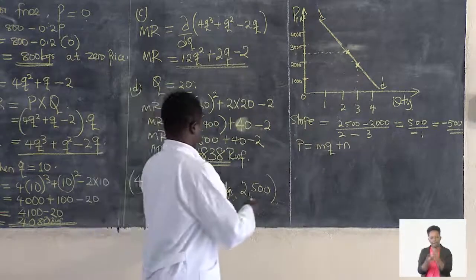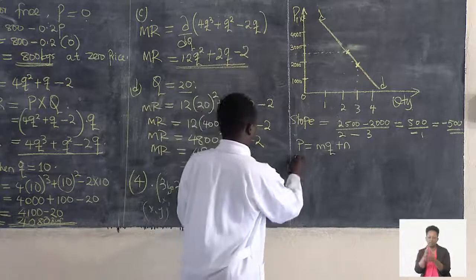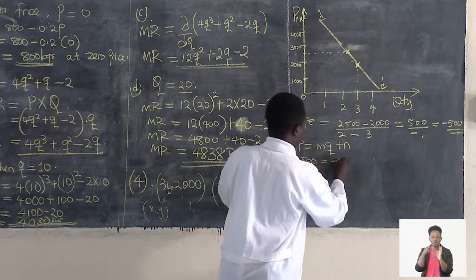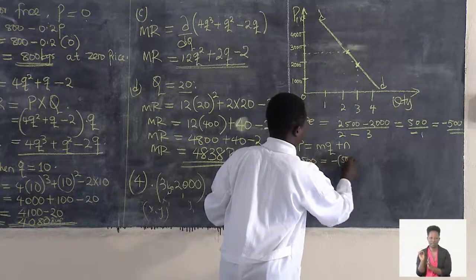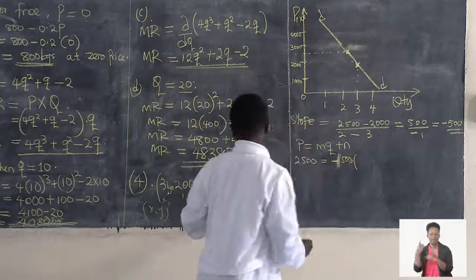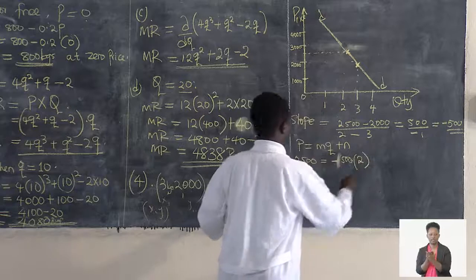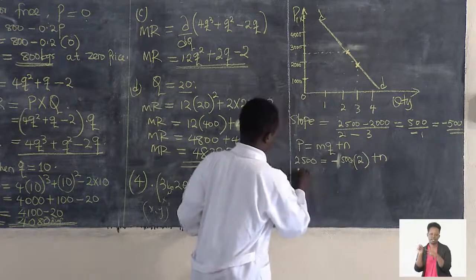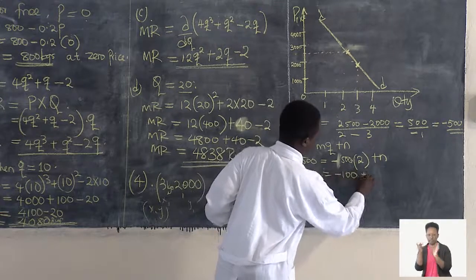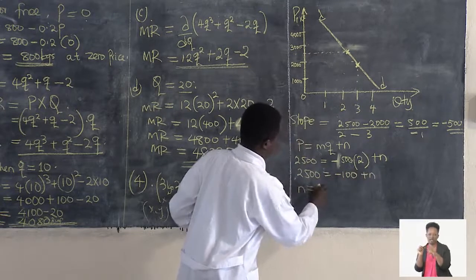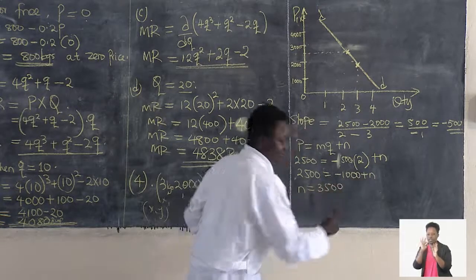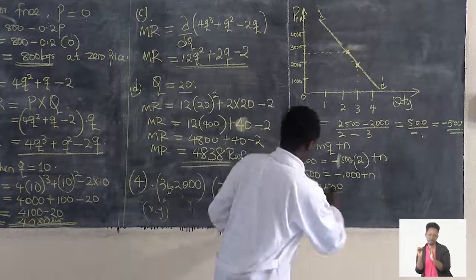Using price 2,500, gradient negative 500, and quantity demanded 2, we have 2,500 equals negative 1,000 plus n. So our constant n will be 3,500.